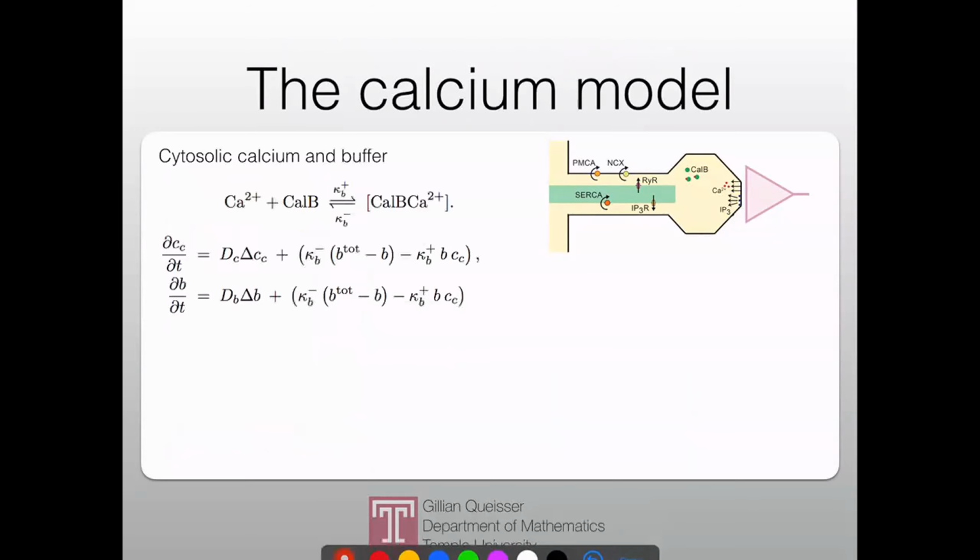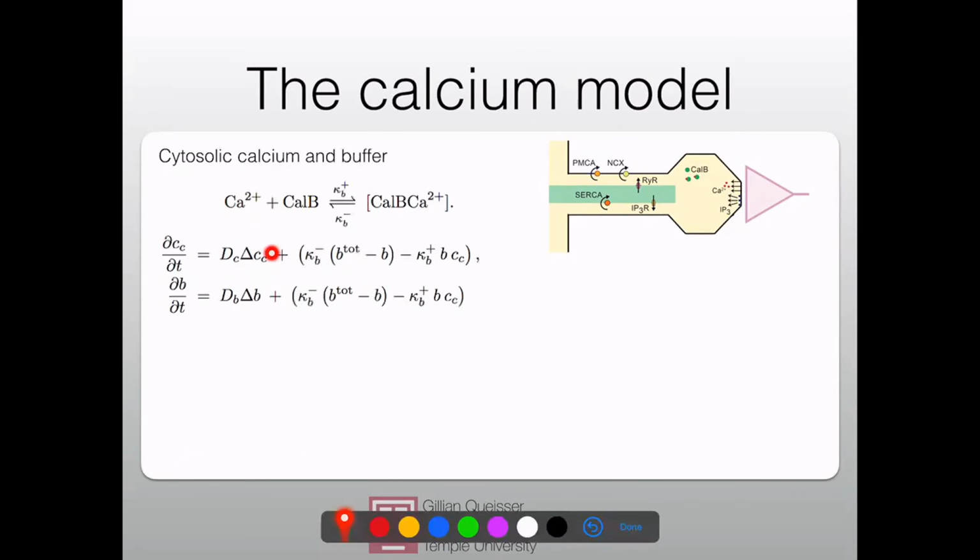We assume that calcium in the cytosol can propagate via diffusion and reacts with mobile buffers. So we also track the mobile buffer concentration B over time, as well as the cytosolic calcium concentration. And this can be combined with the enzymatic production of a molecule called IP3, which can interact with so-called IP3 receptors. So these are the components we track in the cytosol.